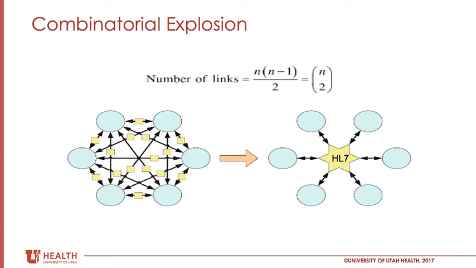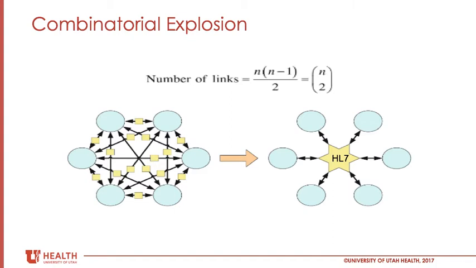What HL7 does, in this case it can be FHIR as a standard, is that we only need one single specification that is going to be used to link these different 6 domains, or these nodes, that in our example can be clinical systems, electronic medical records, or any other type of clinical system with clinical information.